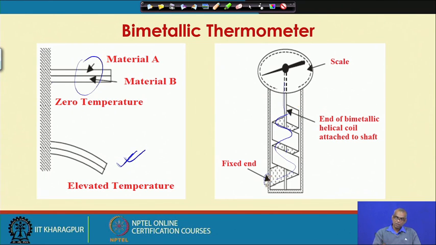One end of the helical coil is fixed. So, if I subject it to the medium whose temperature I have to measure, the other end of the bimetallic strip will show a deflection which will cause this pointer to move against the scale, and you can calibrate the scale directly in units of temperature for temperature measurement.